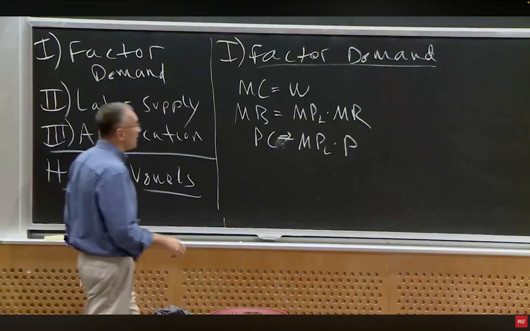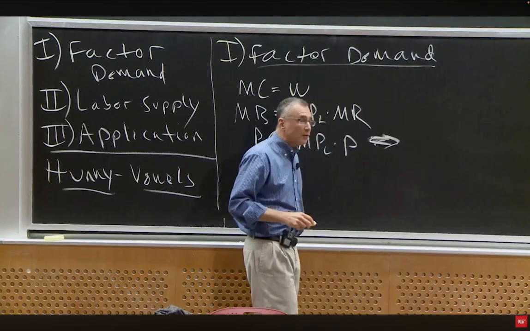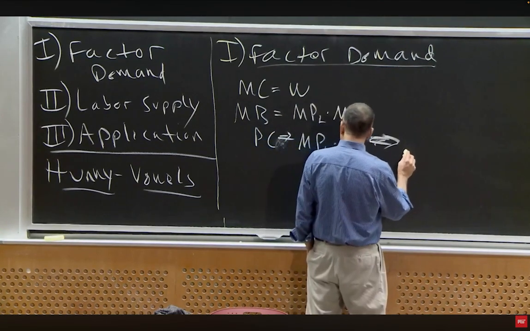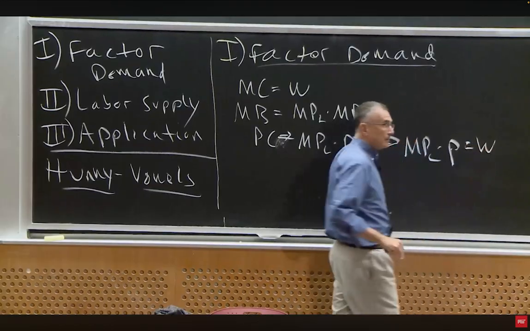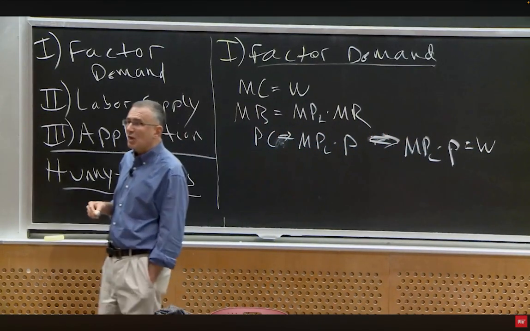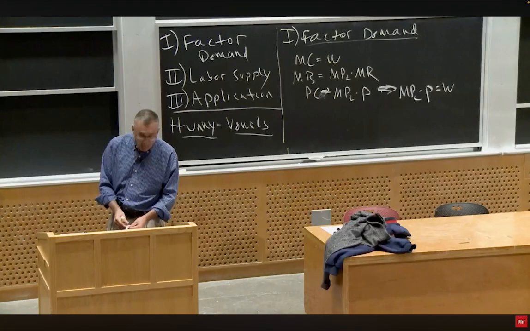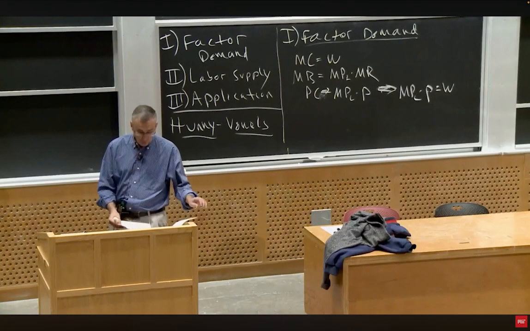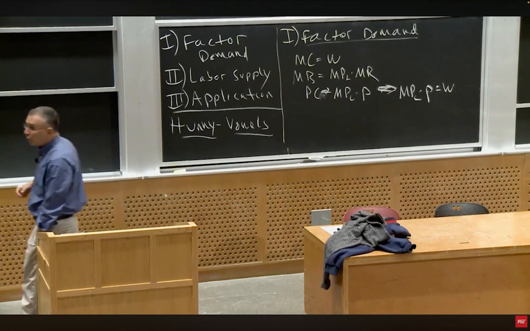Essentially, if you set marginal benefits equal to marginal costs, you want to set the marginal product of labor times the price equal to the wage. And that's how you decide how many workers to hire. You hire workers until their benefits, which is the value of what they produce, equal their cost, which is their wage.